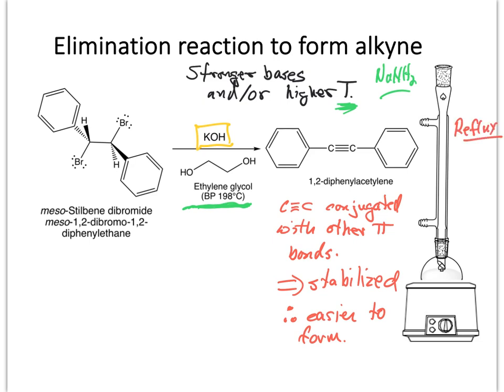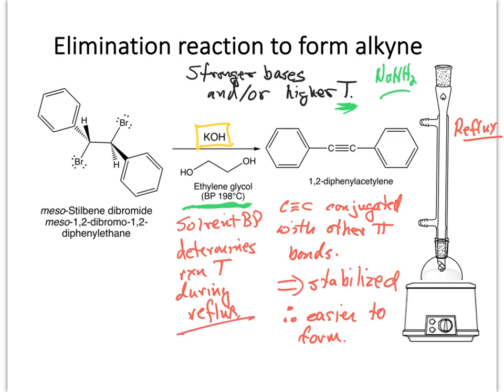And remember, it is the solvent boiling point that really determines the reaction temperature during reflux. So we've picked a solvent with a fairly high boiling point that will promote this slightly more difficult reaction by increasing the temperature as it refluxes.